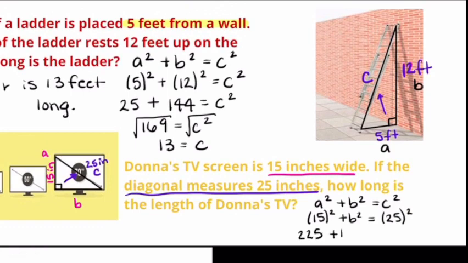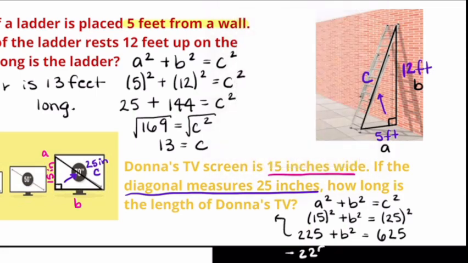Then from here, grab your calculator and simplify. So we're going to do 15 squared first. 15 squared is 225. 225 plus B squared equals 25 squared, which is 625. I'm going to move this over here because I'm running out of space.